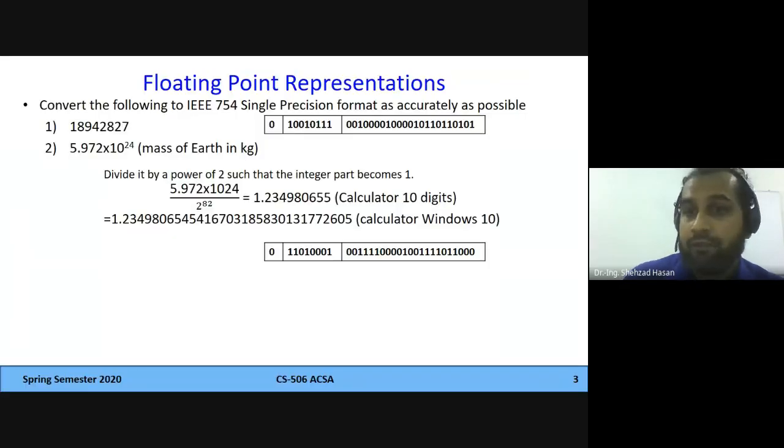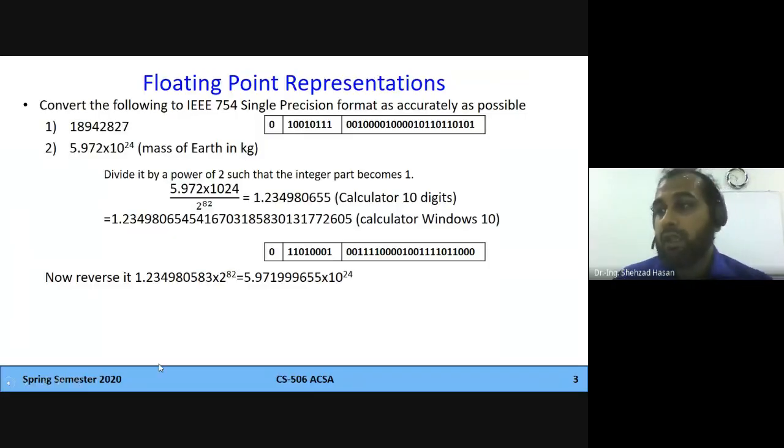If we do the reverse operation, what we are going to get is not exactly 1.234980655. Rather, what we are getting is this number here, 1.234980583. So see here, there is a difference coming at this point, 80655. This is 80583, right? This is according to how we have done that reverse operation, adding the powers of 2. This is because we have done that for 23 steps.